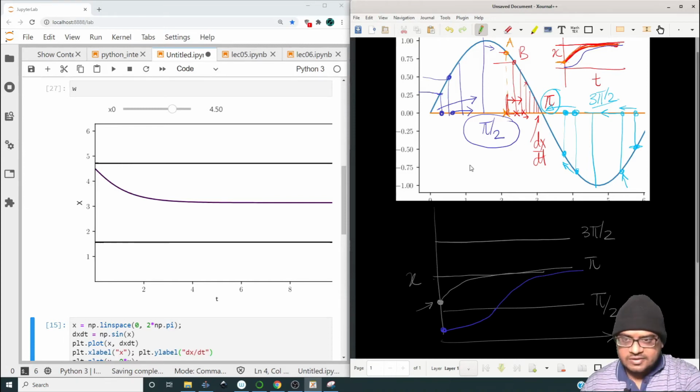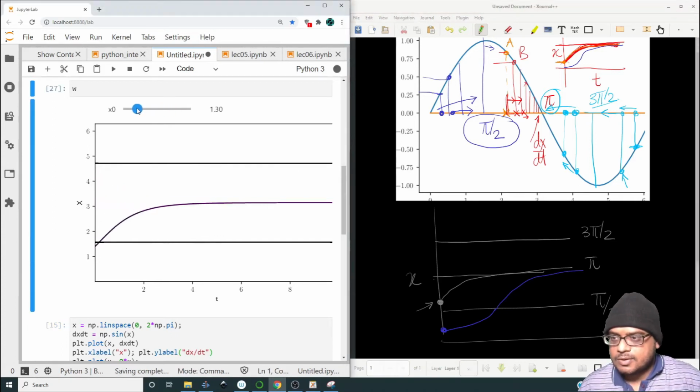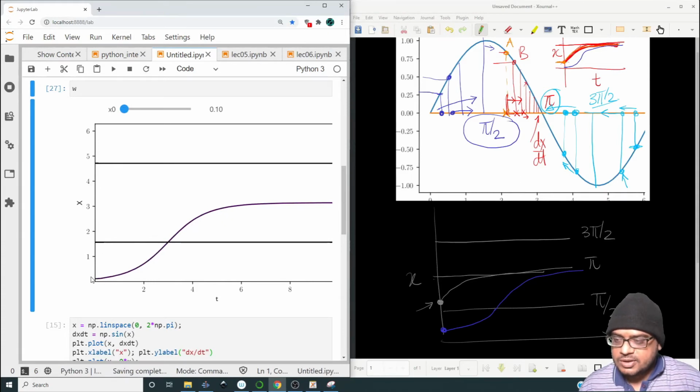Let us see whether our physical intuition is correct or not. Okay, so it rapidly increases in time. So for a small time duration, we have a rapid increase, so the slope increases, after which it asymptotically tends towards the value of pi.